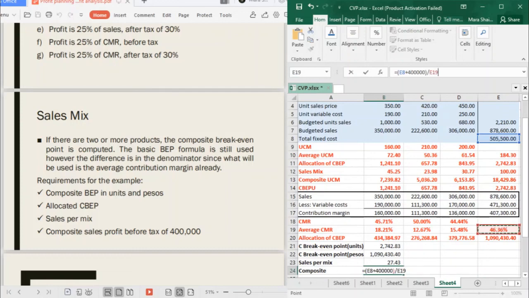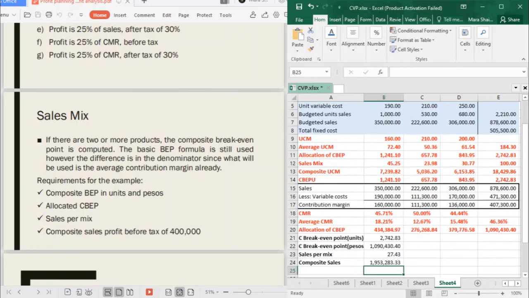So, you have a composite sales of 1953.33. That's how easy it is to get your composite sales in pesos.